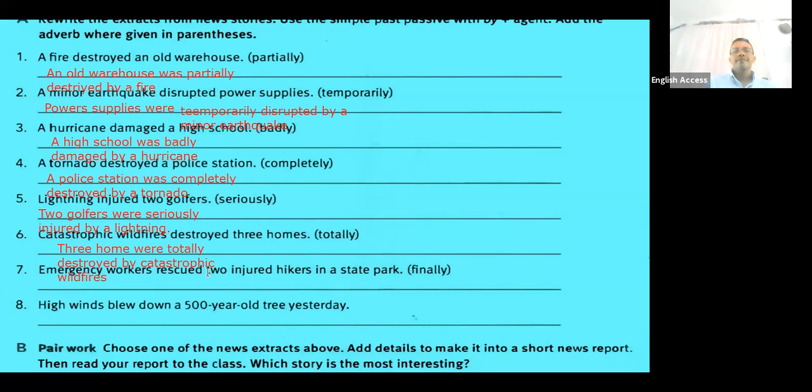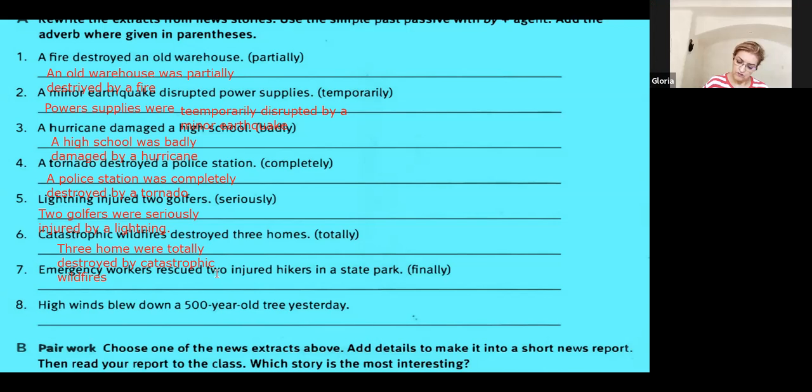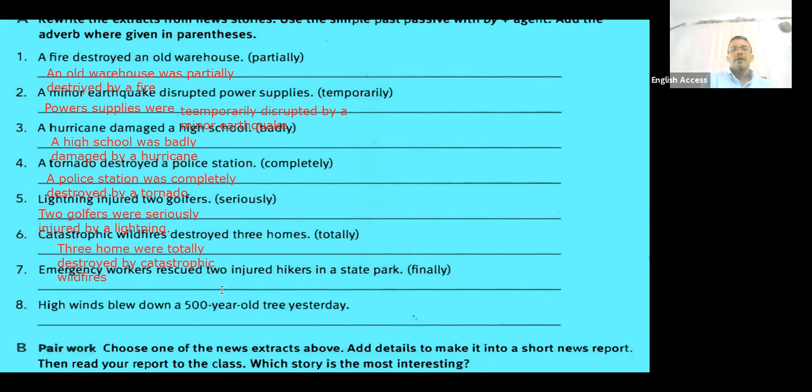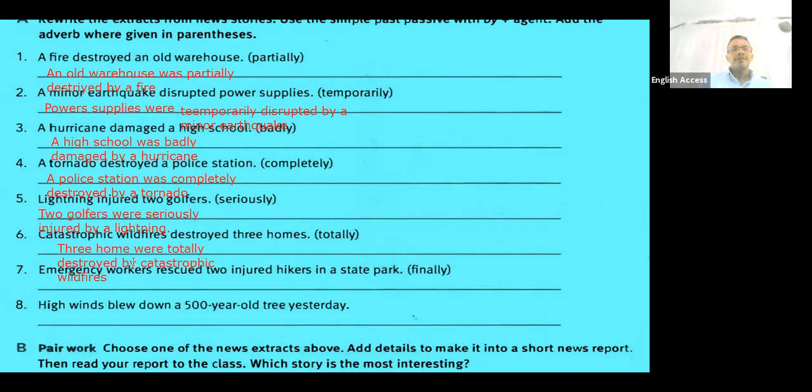Alejandro. What is the object here? Yes, hike. Hiking. No. The object, remember, emergency workers is the subject.